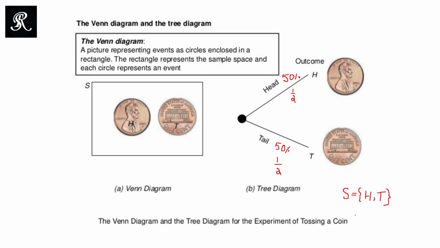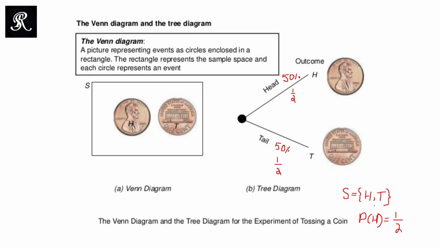So if we ask what is the probability of H in tossing a coin, that would be 1/2. Similarly, the probability of T would again be 1/2. The number of favorable outcomes, that is H, is only one, since in the sample space H occurs only one time.